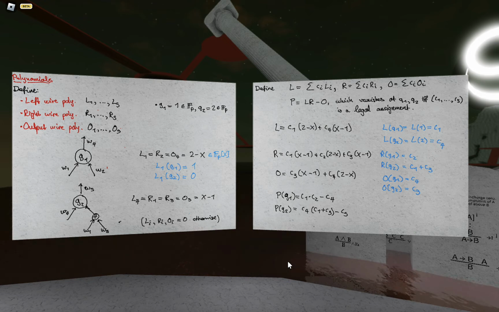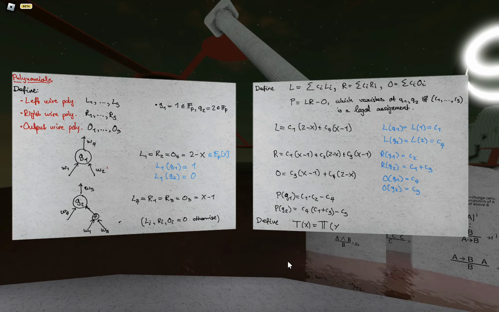And I want to do one more little thing for the sake of producing our zero knowledge proof. I'm going to also define t of x, and this is the target polynomial. I don't have a good intuition for the name, to be honest, but it's describing the shape of the graph somehow.